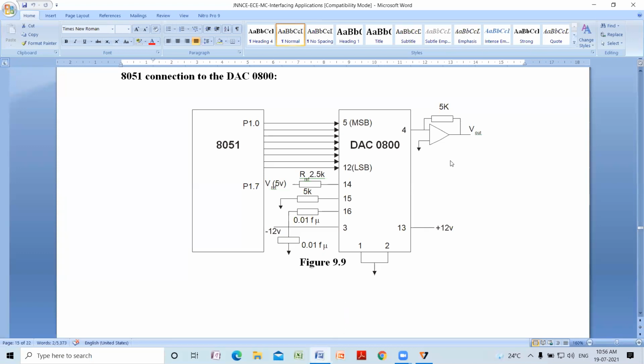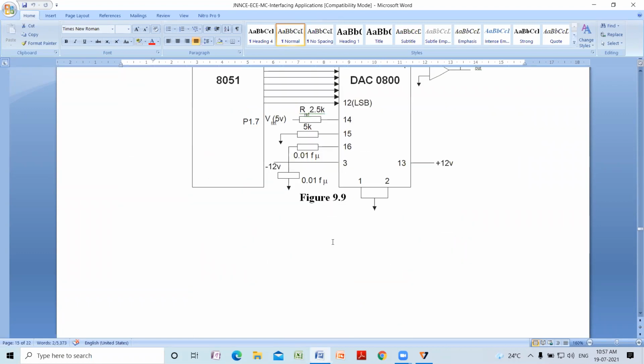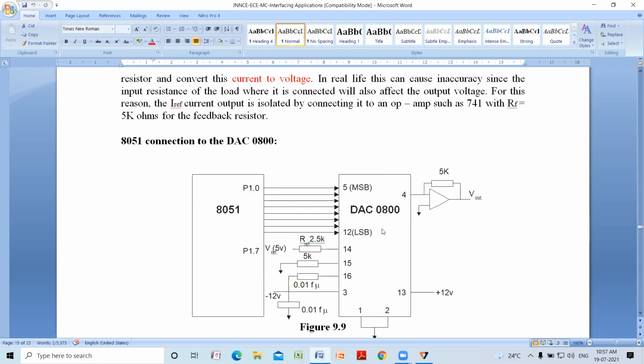Voltage you are connecting. So here P1.0 to P1.7 of 8051 is given to pins 5 to 12 inputs. That is, D7 is given to MSB, D0 is given to LSB. So this is the digital input which is provided by the microcontroller. This is how the 8051 microcontroller is interfaced to DAC 0800.